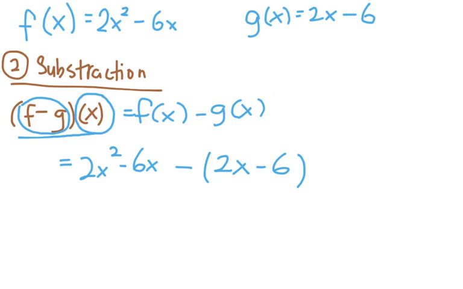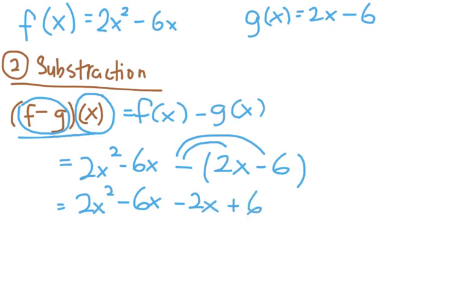To open up the bracket, you need to multiply the minus with all the values inside the bracket. That means the minus multiplies with 2x and also with negative 6. Then you will have 2x squared minus 6x minus 2x plus 6.